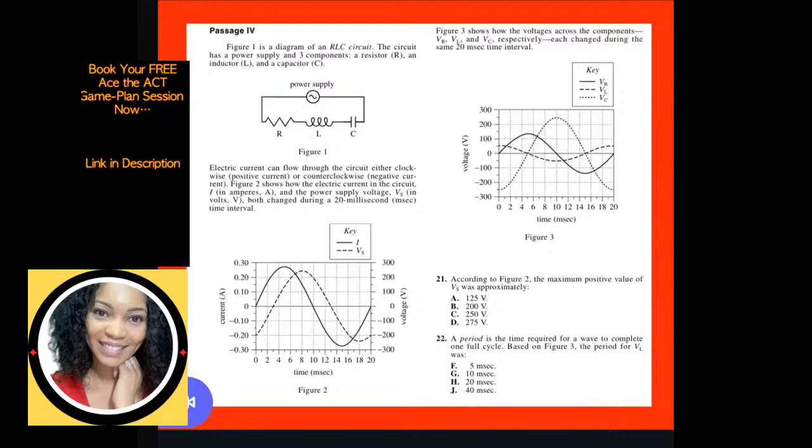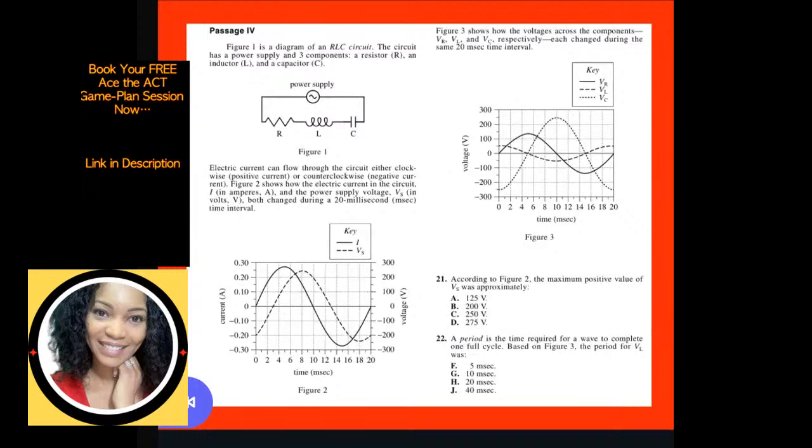And guys, while I go over this, I am going to actually work them out the way I would if I was taking the test. And that means I'm going to be implementing strategy. And I'm telling you that because I'm going to go directly to the question. All right, so when you hear the directions being read to you on test day, it's going to say, read the passage and answer the questions and select the best answer. But I am telling you, disregard what you hear the test monitor say.